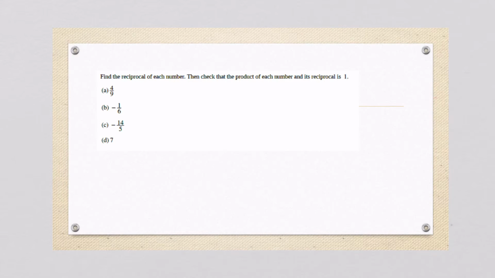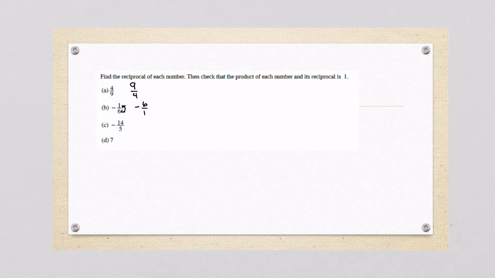Okay, on each of these, we're just finding the reciprocal. So the reciprocal of 4/9 is 9/4. Just flip it over. With a negative number here on part B, you simply keep the negative sign with it. So what is the reciprocal of negative 1/6? Flip it over, just swap these two, and keep your negative sign.